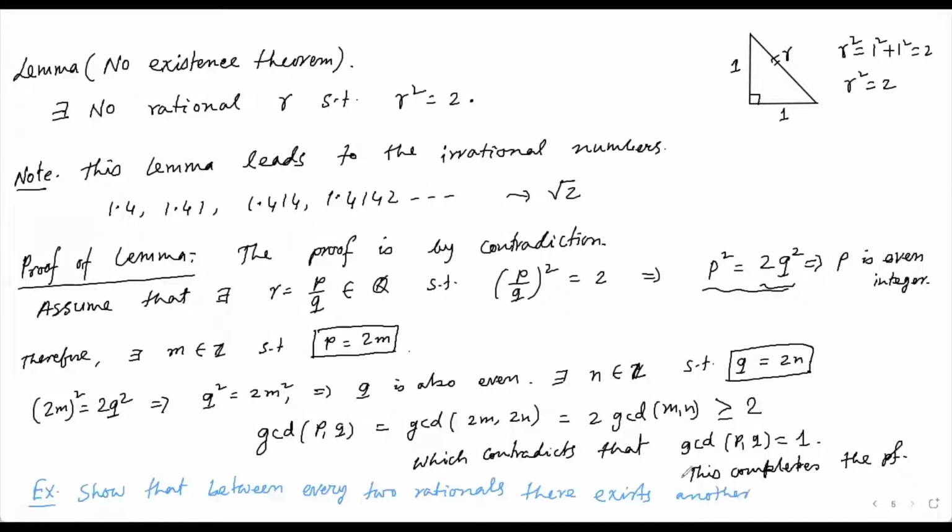That is, if you take two rationals r1 and r2 such that r1 less than r2, then there exists another rational r such that r1 less than r, and which is less than r2. Okay.